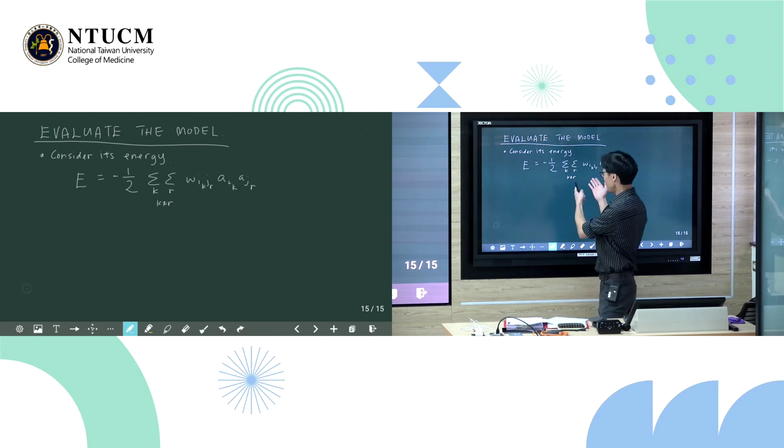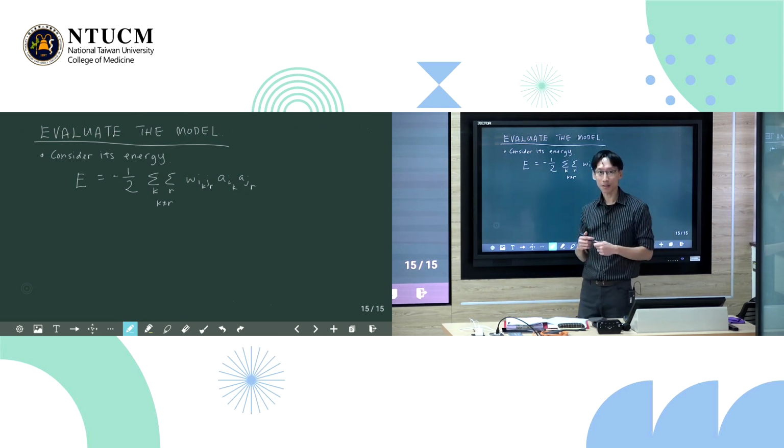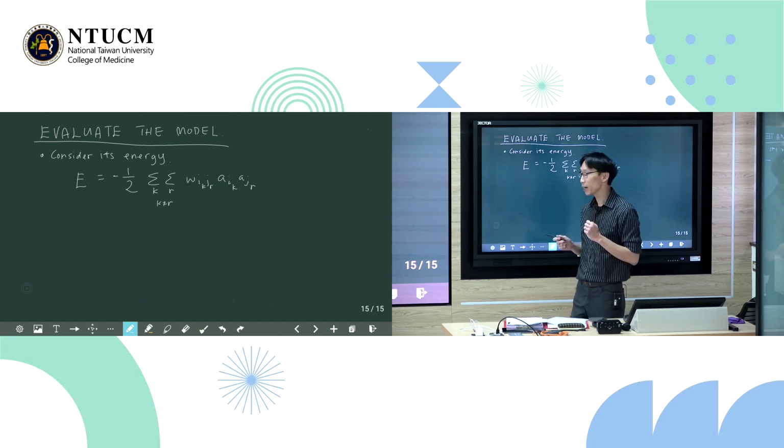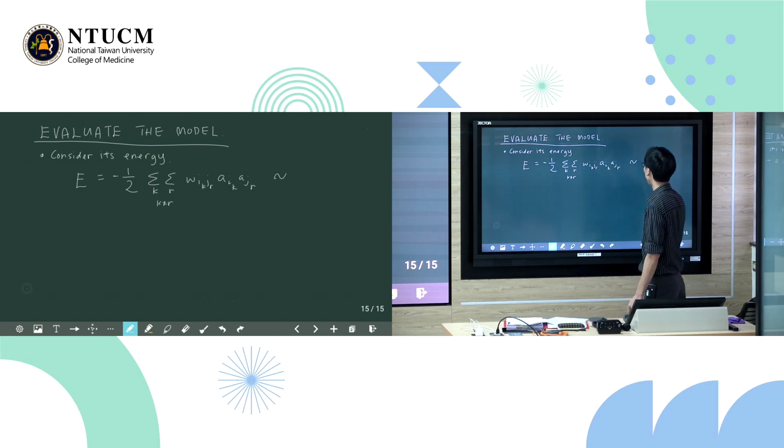So it proposes this formula because this minus half WAA you can liken to a form that you might be more familiar with. This is kinetic energy.